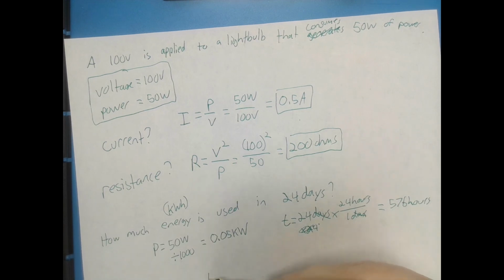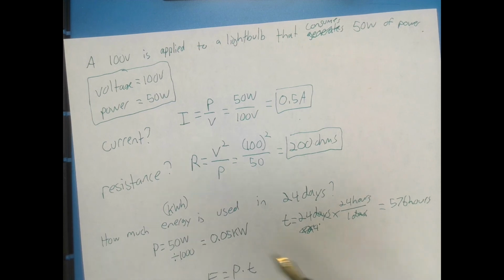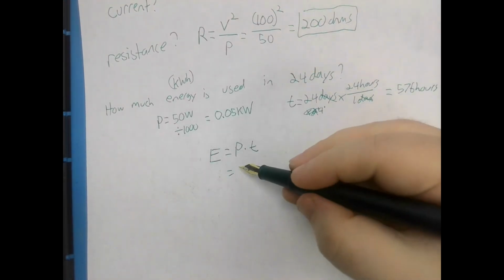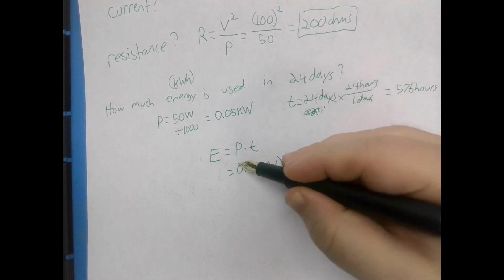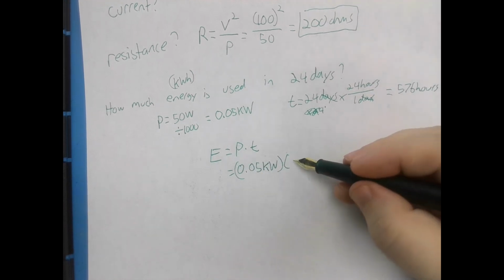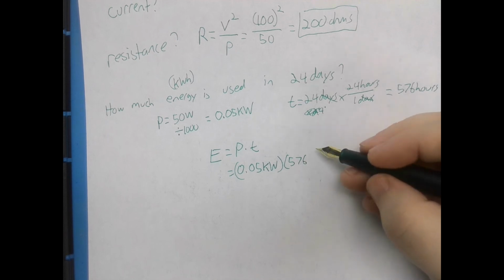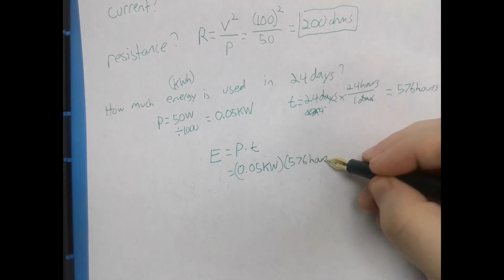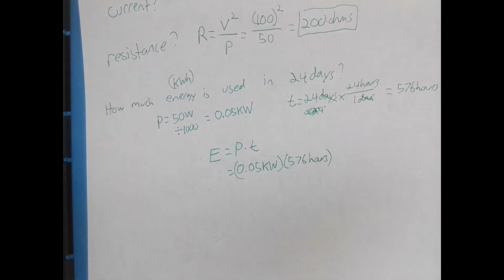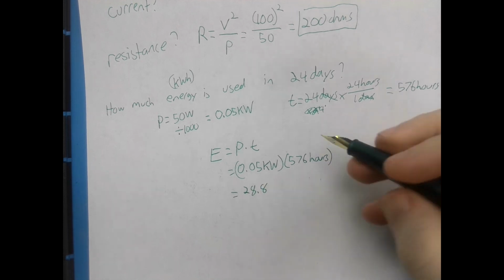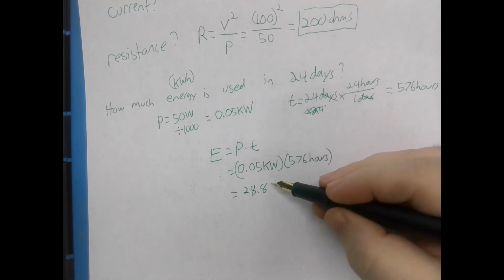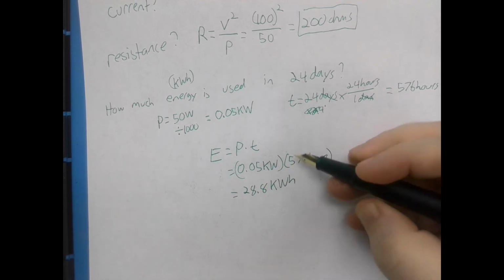And so energy is equal to power times time. Our power is 0.05 kilowatts. Our time is 576 hours. And that's equal to 28.8 kilowatt hours.